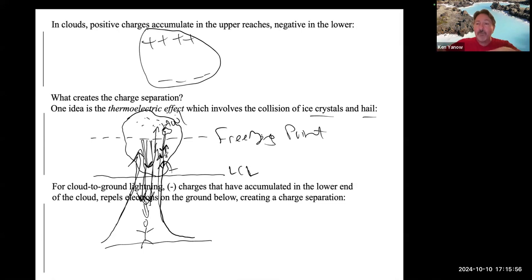You're dragging your feet and you're dragging ions from one, and you're basically creating an imbalance in positive and negative. So now our ice crystal goes up and it has that positive on it, and our negative is going down. Well, this can continually happen, and if this cloud is absolutely huge, you'll have updraft and downdraft continuing.